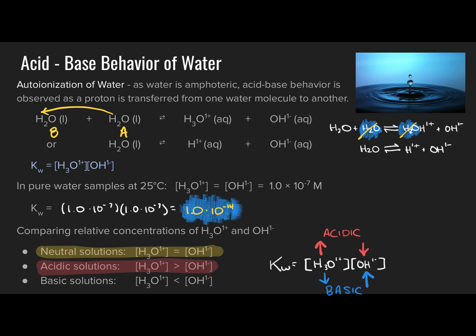So acidic solutions have higher concentration of hydronium than hydroxide. Basic solutions have higher concentration of hydroxide than hydronium. Now, as a hint to looking forward here, if you have a look at some of these numbers that we are seeing in terms of the autoionization process, some of these numbers might start to stick out to you in terms of an idea that you've probably been exposed to in previous science classes.